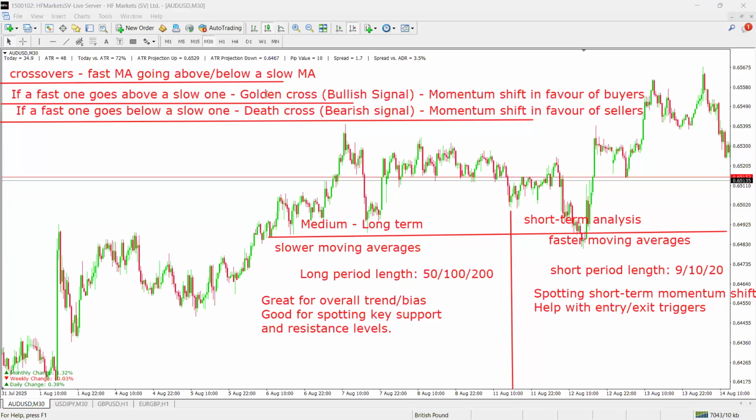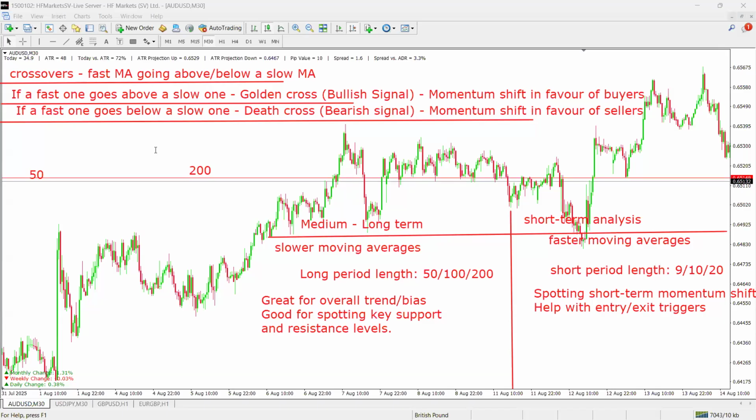If I put 50 moving average here and 200 on this side, they might both be classified as slower moving averages, but 50 is still faster compared to 200, which means you can still call 50 a fast one compared to 200 being a slower one. Do you get what I'm saying?